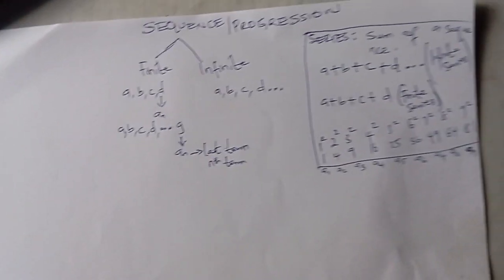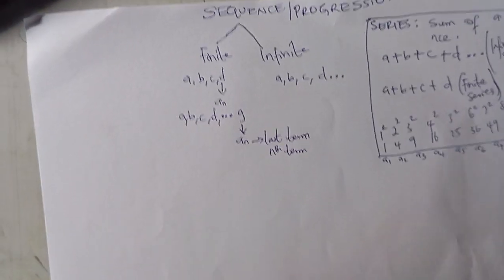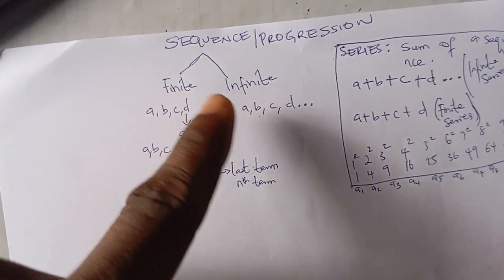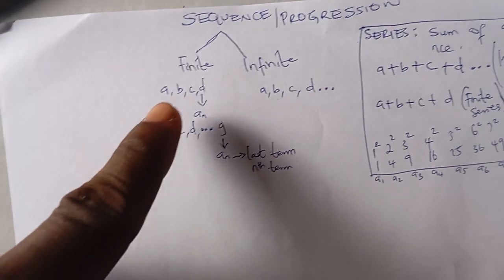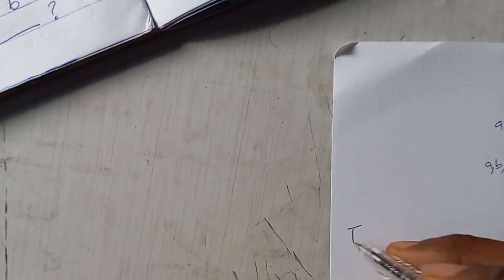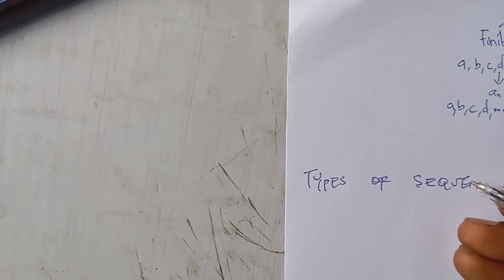So let's move to the two major types of sequence. Remember I said this is a category. It's very important, because if you don't pay attention to this, your questions will be having issues. So, types of sequence. We have two major types.